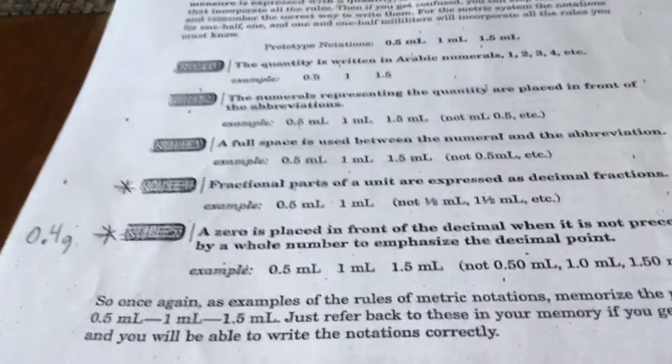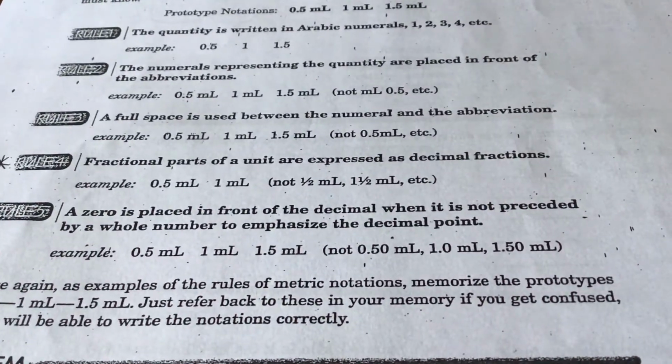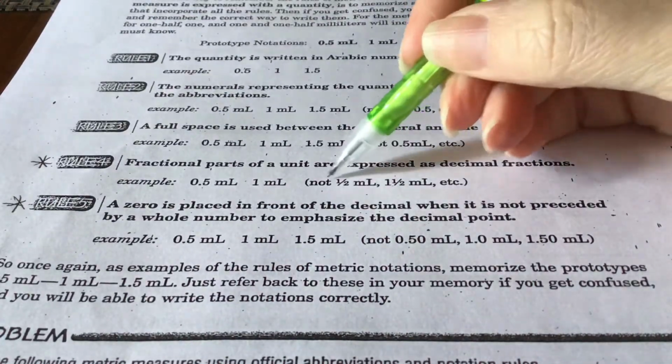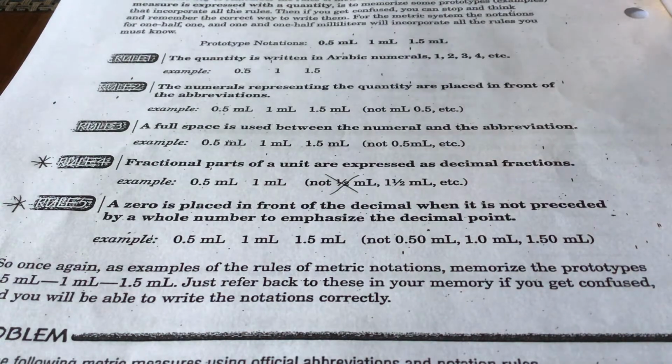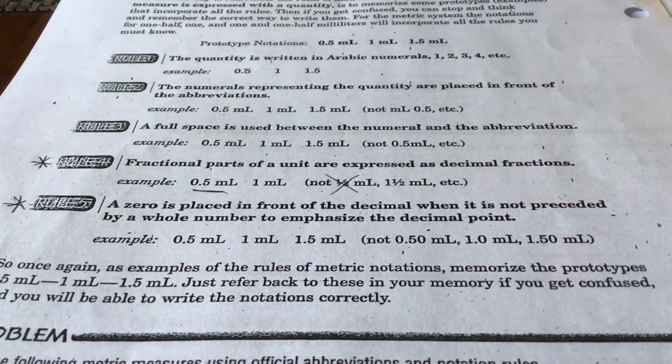Rule number 4 says that fractional parts of the unit are expressed as decimals. So you do not use 1/2 of a milliliter. You're going to represent 1/2 as 0.5. So we cannot use fractions when we're talking about metric units.